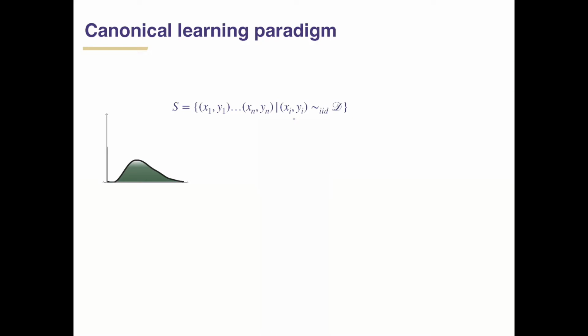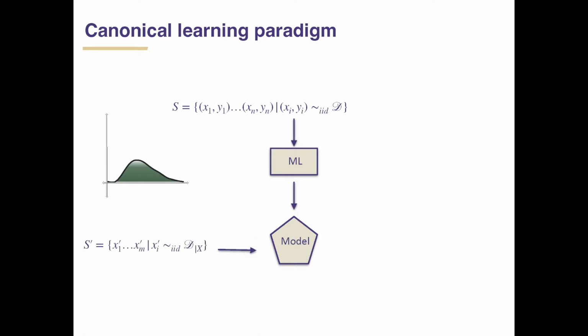So you all are at this workshop, so I imagine that you have all interacted with problems of the following type. We posit the existence of some distribution, which generates for us some training data in some nice IID way, right? Combinations of XY pairs, drawn IID from this nice green distribution, which we then throw at some machine learning algorithm, which we design or maybe just use off the shelf, which then produces for us a model, right?